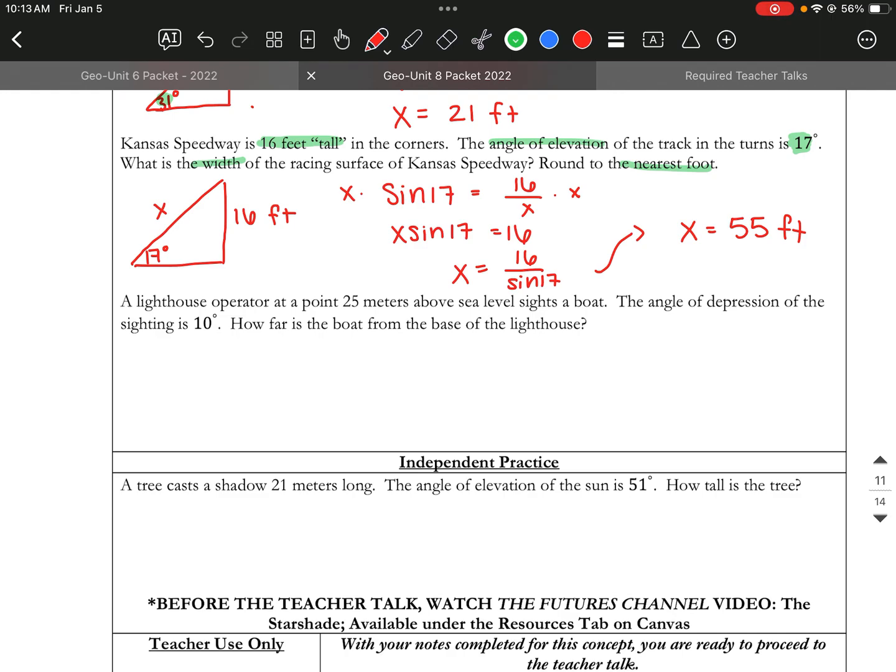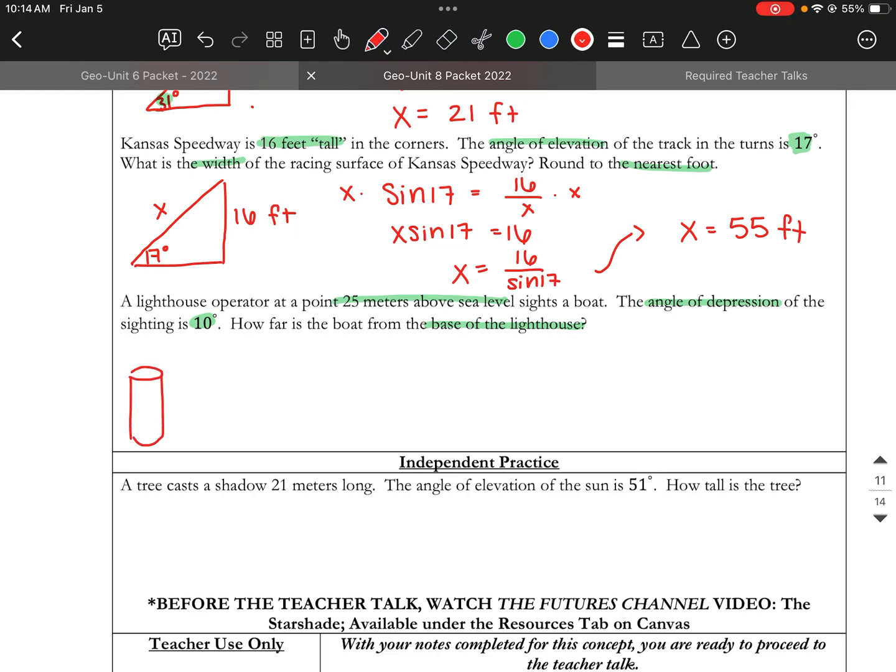Moving on, a lighthouse operator at a point 25 meters above sea level sights a boat. The angle of depression to the sighting is 10 degrees. How far is the boat from the base of the lighthouse? So I'm going to be a little bit extra here and draw our lighthouse.